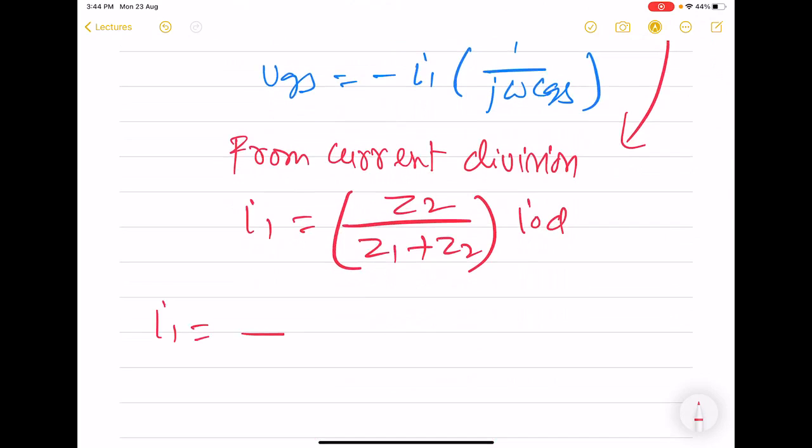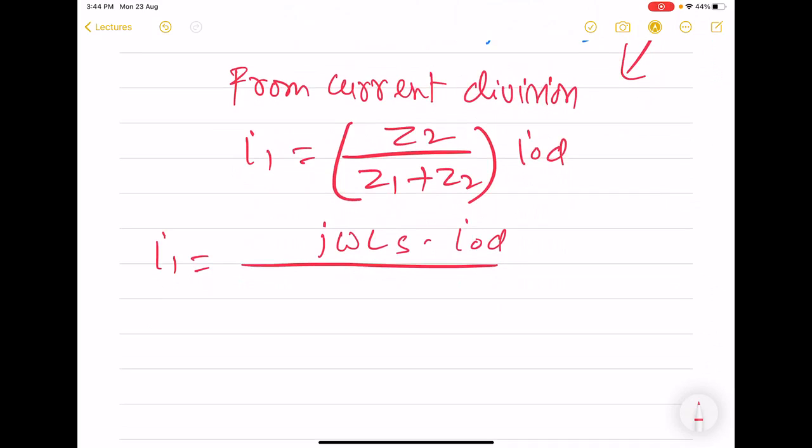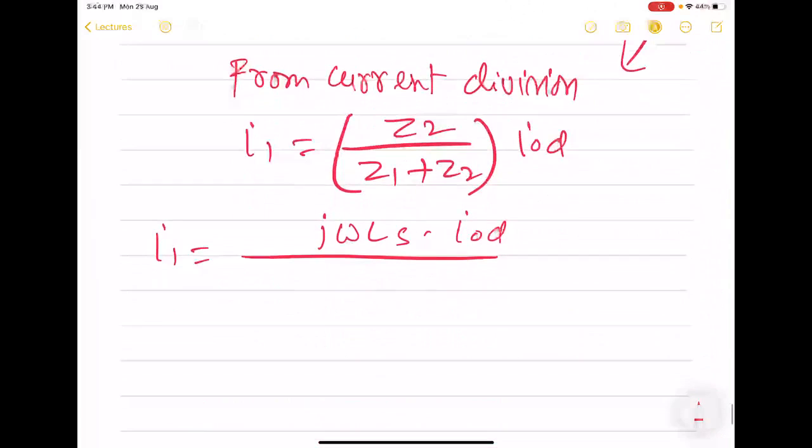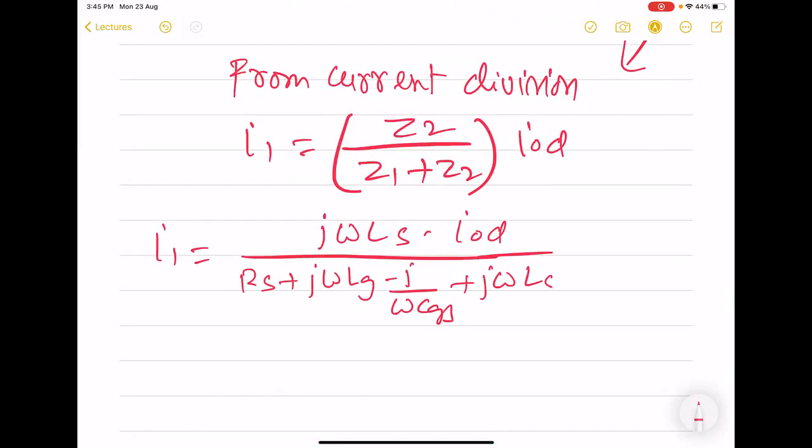Z2 is simply j omega Ls, and IOD is there in the numerator. In the denominator we have Z1, which is the series of RS, LG and CGS, so it is RS plus j omega Lg minus j by omega CGS, and Z2 is j omega Ls. So this is the denominator.